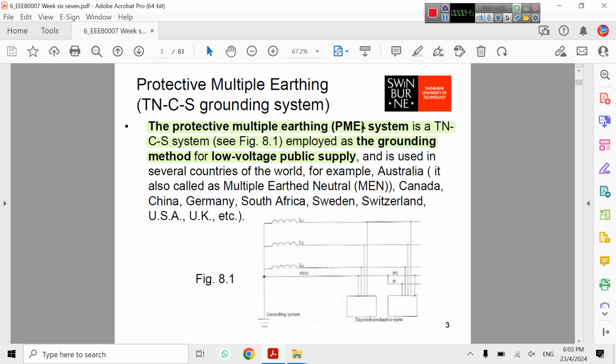The protective multiple earthing PME system is a TN-C-S system employed as a grounding method for low voltage public supply and is used in several countries, from Australia to the US; the UK is listed here.